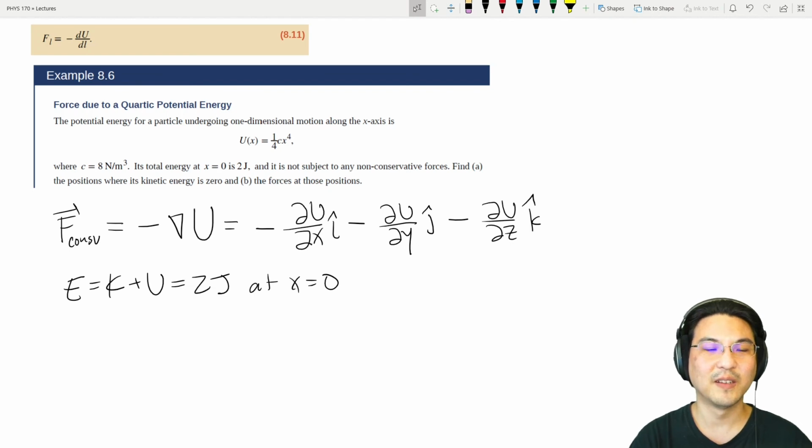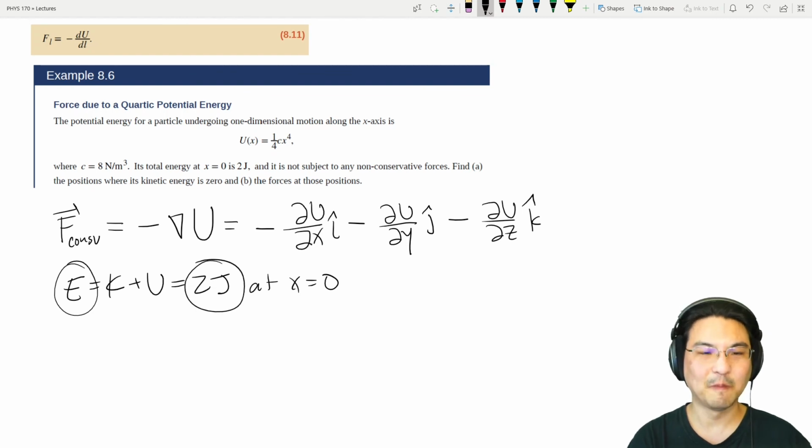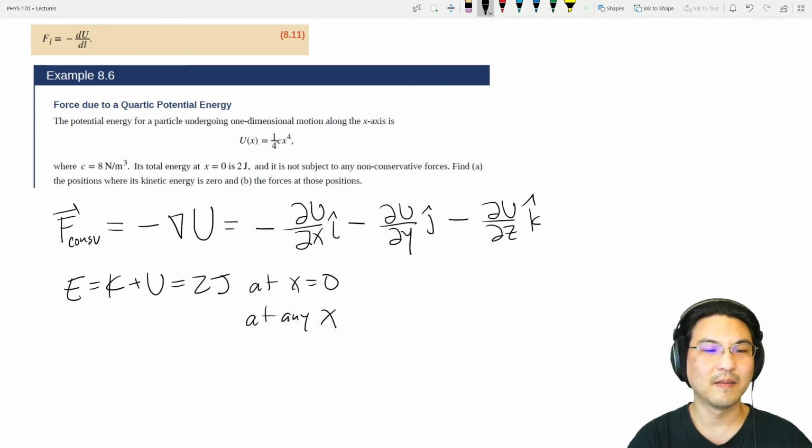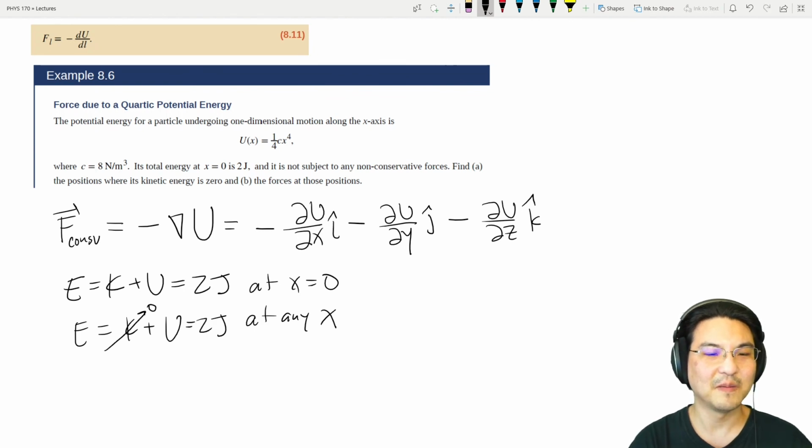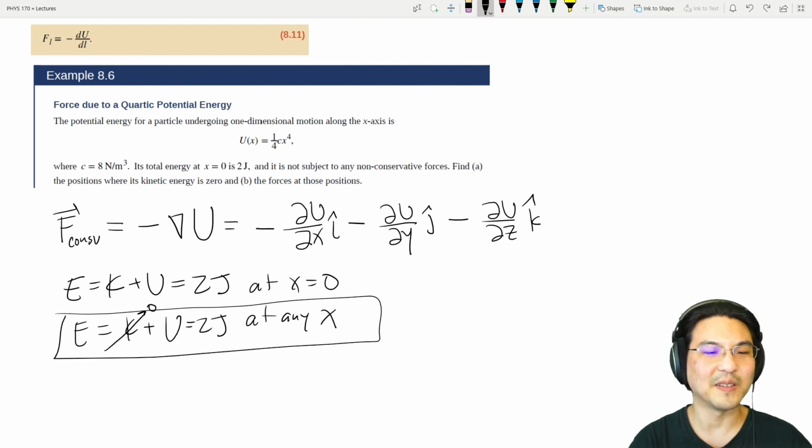In other words, there's no work being done by a non-conservative force, which means energy is conserved, so the energy is always 2 joules, at any x. Then it asks us to find the position where the kinetic energy is 0. When the kinetic energy is 0, the total energy is still 2 joules. So let's find this situation.